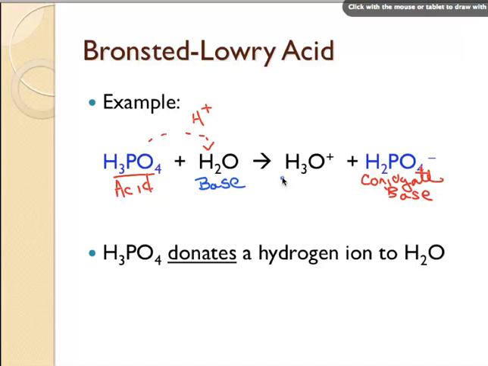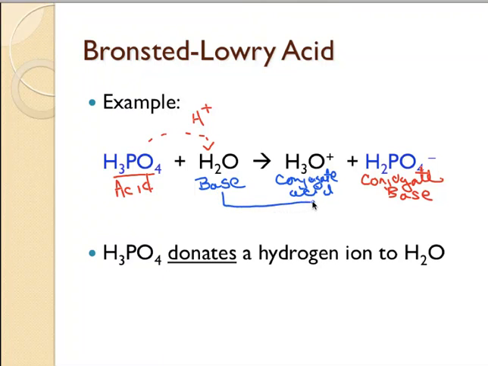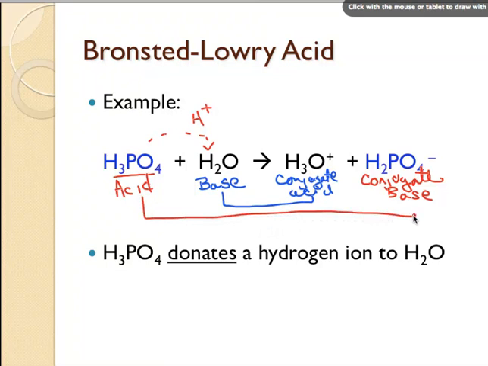And that H3O+, that hydronium ion, is what is known as the conjugate acid. This is a base-conjugate acid pair. This is an acid-conjugate base pair. So they go together.